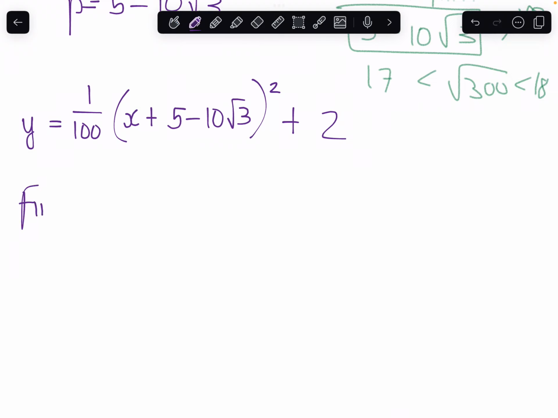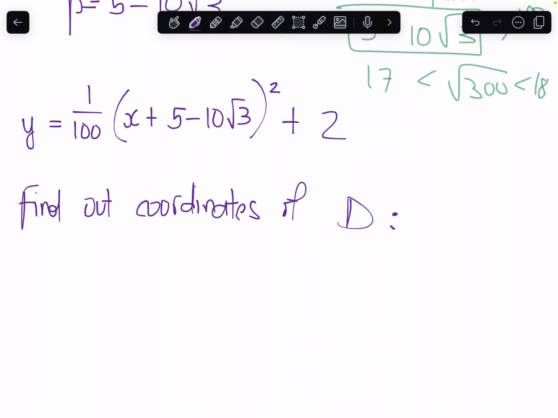Find out the coordinates of D. And we know that D has a y coordinate of 5.